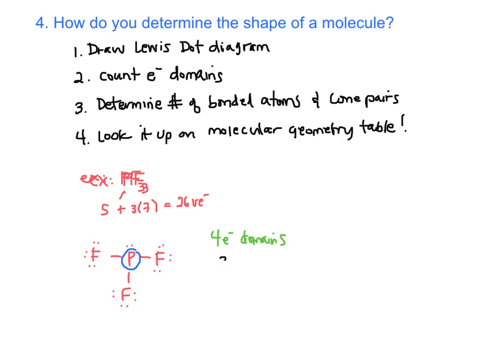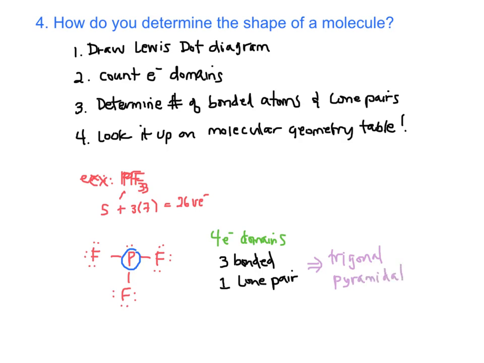So you've got 3 bonded atoms and 1 lone pair. And then you're going to look it up on the table that you just filled out, and you will find that the shape of this molecule with 3 atoms bonded and 1 lone pair gives you a shape of trigonal pyramidal.